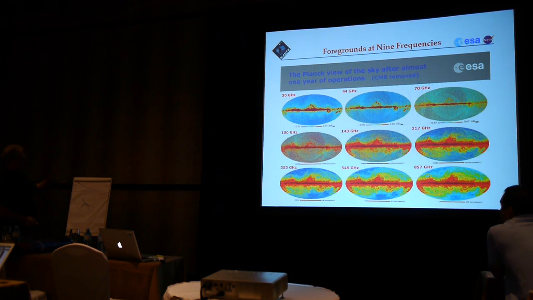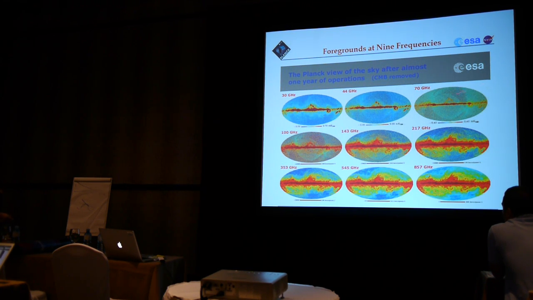Incidentally, just final thoughts. 70 gigahertz, I told you, was a sweet spot for galactic emission. You can clearly see that the extent of the galactic plane vertically is the smallest of all frequencies. These are the least foreground infested channels, so you see most clearly the actual imprints of the noise.